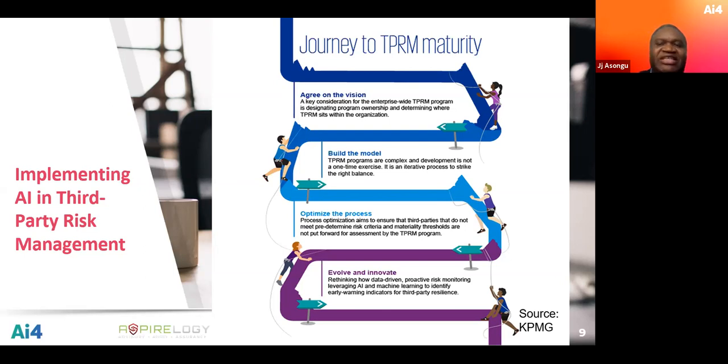Then as things become well organized, you have a more organized process, and mature organizations have a very well-developed program, a program that can effectively protect them against threats that may come from their suppliers.